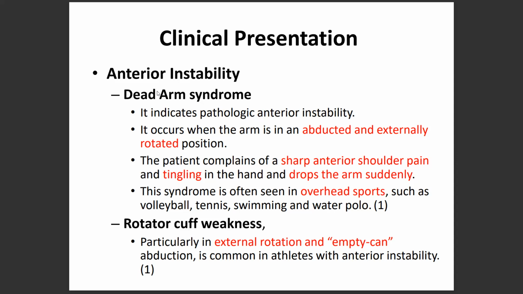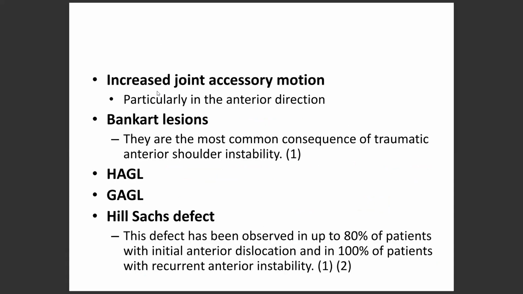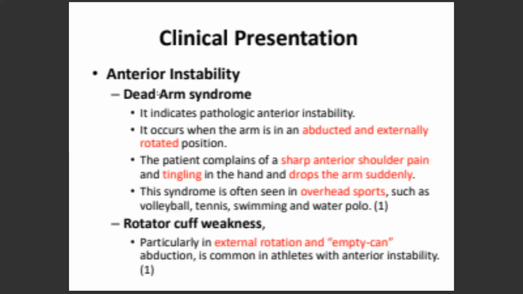In anterior instability, the person will present with dead arm syndrome, rotator cuff weakness, and increased joint accessory motion. There may be a Bankart lesion, the HAGL and GAGL, which are the humeral avulsion and the glenoid avulsion of the glenohumeral ligament. A Hill-Sachs defect will be present, and that is very common in anterior dislocation.